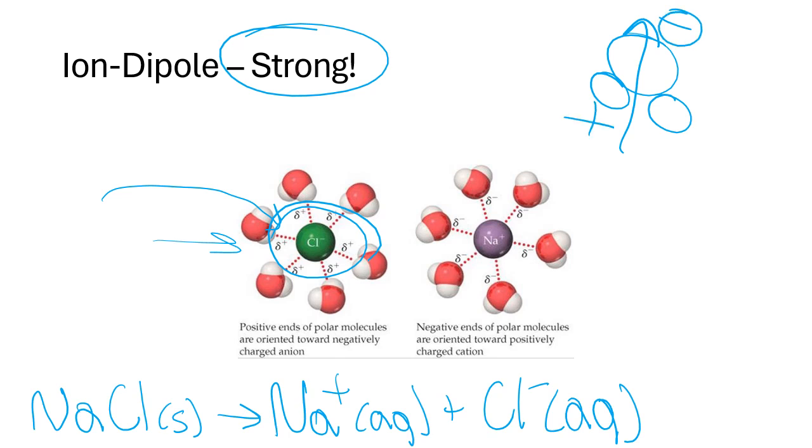We have negative and we have positive ends. And so the hydrogen is pointing towards the chlorine on one, and the oxygen is pointing towards the sodium on the other. That's because sodium is positive, and the oppositely charged end will be attracted to the positively charged ion.